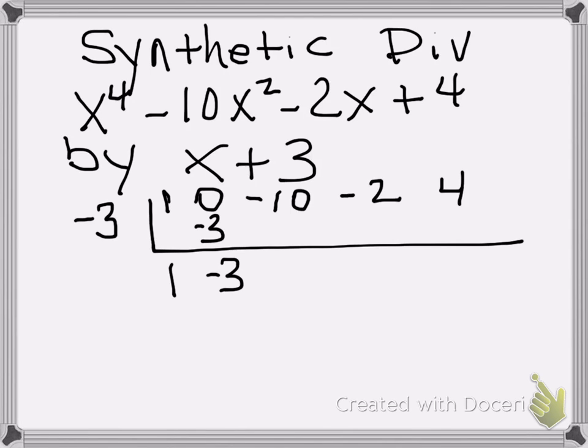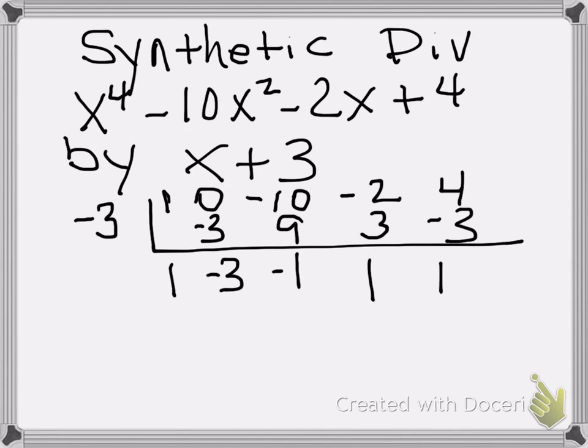And then you multiply again. Negative 3 times negative 3 is positive 9. Combine your terms and you get negative 1. Then you multiply again. Negative 3 times negative 1 is positive 3. Combine the terms and you get 1. And again, you multiply. Negative 3 times 1 is negative 3. You combine your terms and you get 1.